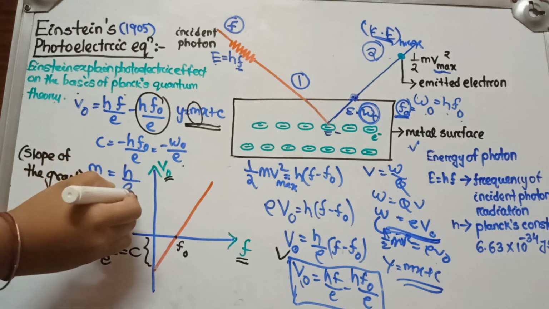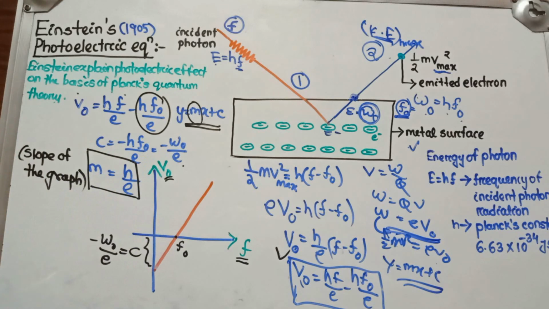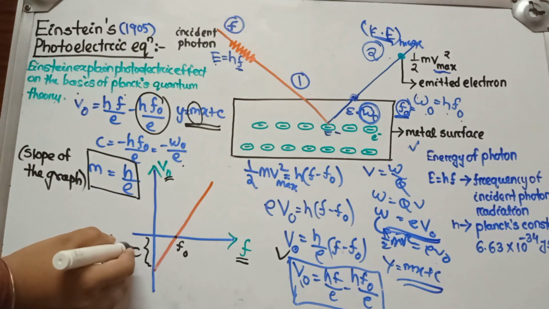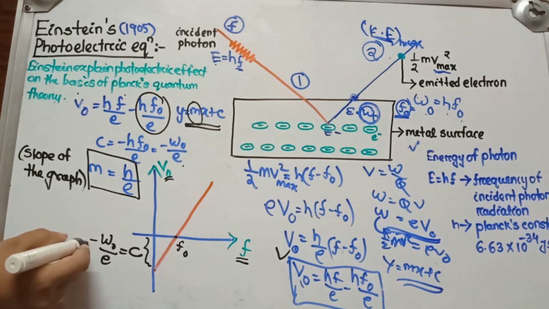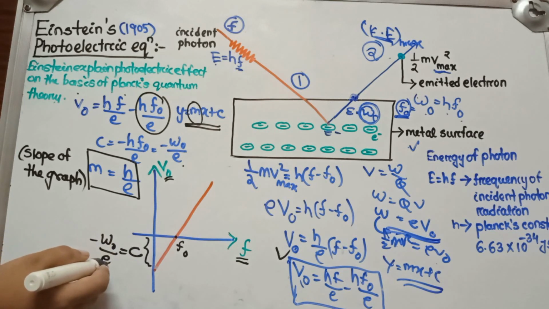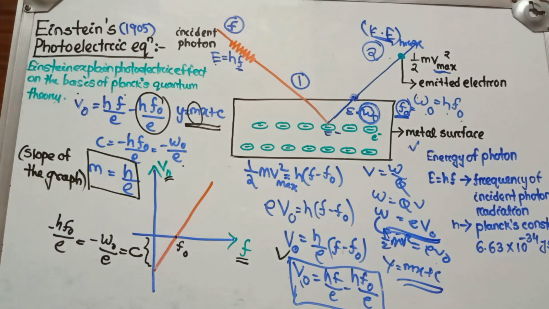The slope of the graph is h by e, and the constant c equals minus W0 by e, or minus hf0 by e. This is all about Einstein's photoelectric equation. Thank you, students.